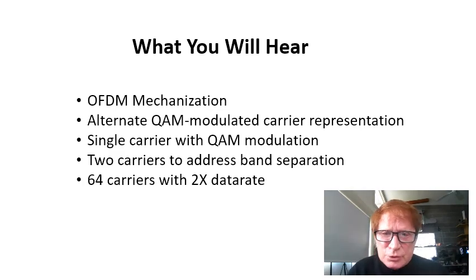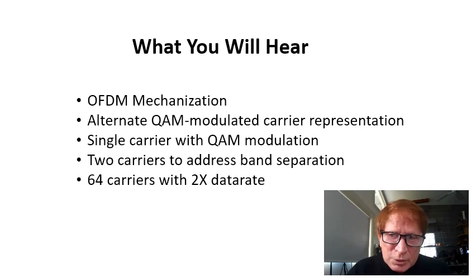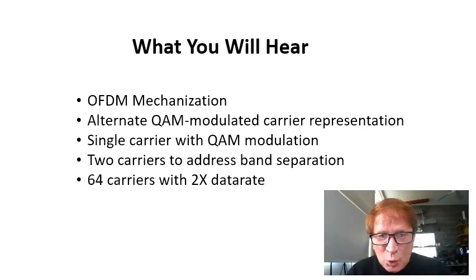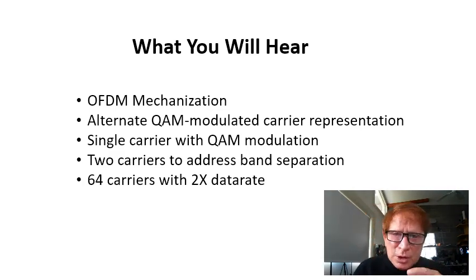Next, we will introduce the QAM-modulated single carrier as a stepping stone to the multi-carrier model. And we will show how the new approach works well with the widely accepted QAM modulation scheme. Then we will extend the single carrier system to a 2-carrier system with both carriers closely spaced and modulated with QAM.